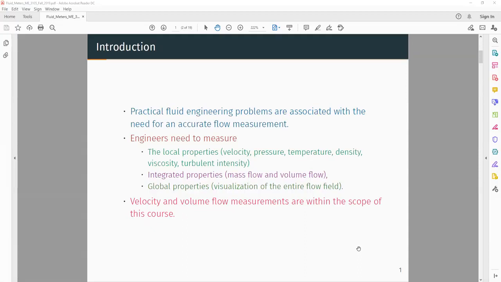And some integrated properties like mass flow rate and volume flow rate, as we have said, are primarily important in a soft drinks industry.